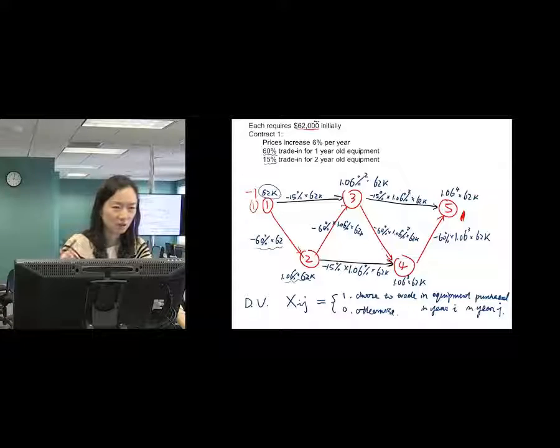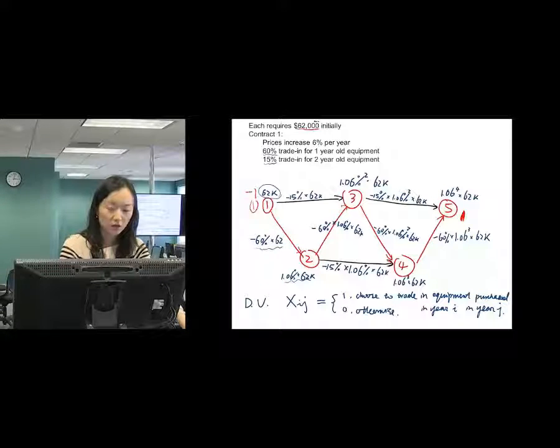Do you see what I'm saying? You have to make sure that if you start trading in the third year, then you either traded already in 1 to 3 or 2 to 3. You can model it a different way, but modeling it in this network problem format is much easier.